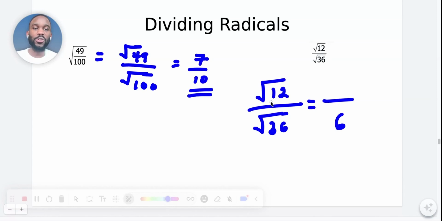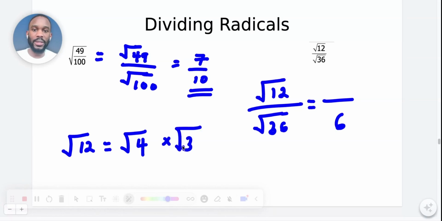But for root 12, think of two numbers that you can multiply to get 12, one being a perfect square. Those two numbers will be 4 times 3. So root 4 times root 3 will give you root 12. The root of 4 is 2, so this will be 2 root 3. So root 12 reduces to 2 root 3.